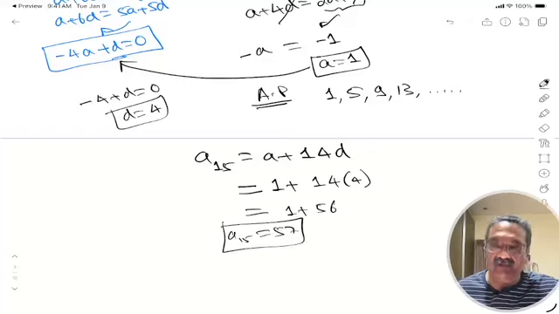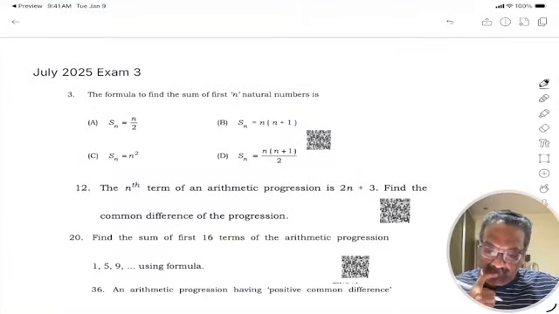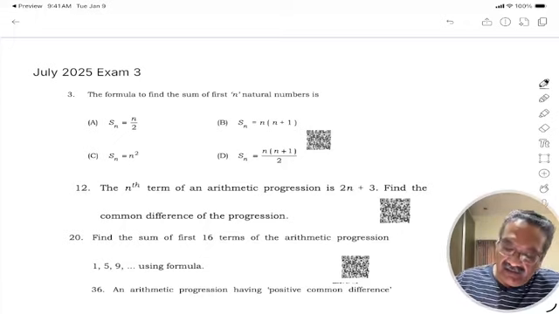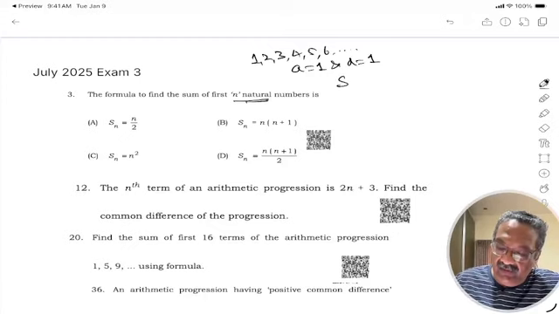The 15th term is 57. Next, the formula to find the sum of the first n natural numbers. What are the natural numbers? 1, 2, 3, 4, 5, 6, and so on. This forms an AP with a is equal to 1 and d is equal to 1. We know Sn is equal to n by 2 into 2a plus n minus 1 into d.